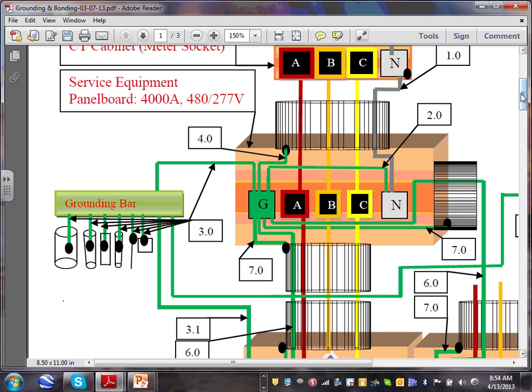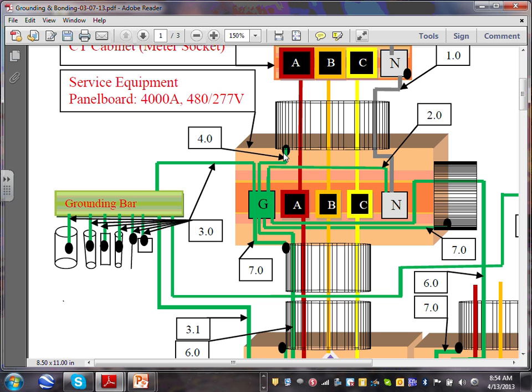Does that make sense? So how many of these number 4 do you think I'm going to have in my example? 10 of them, the way I'm showing them. Or you can have one and daisy chain them. Go from the first conduit to the second, to the third, to the fourth, to the 10th, and down into the ground bar inside the switchgear. So you have two methods.